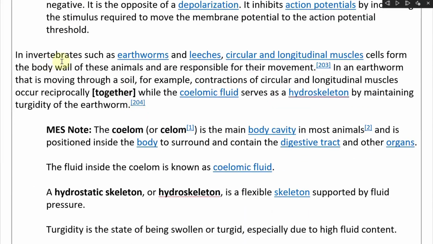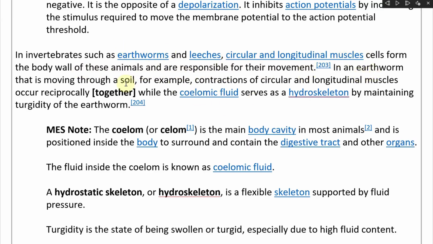Anyways, let's continue further. In invertebrates such as worms, earthworms and leeches, circular and longitudinal muscle cells form the body wall of these animals and are responsible for their movement. So it's circular and longitudinal.